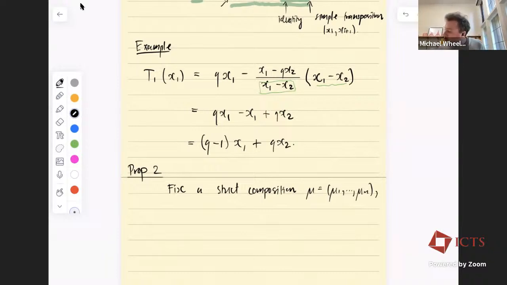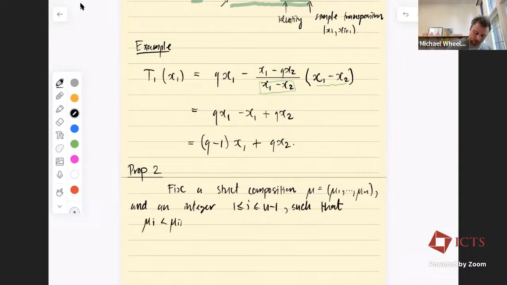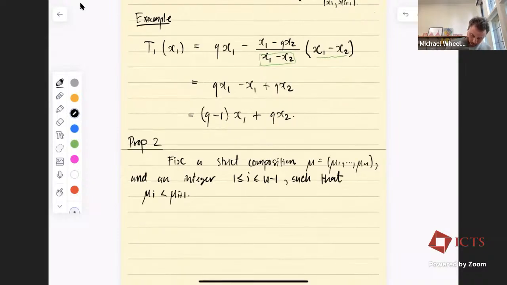So I have a strict composition and an integer i from 1 up to n minus 1, such that mu i is less than mu i plus 1. Okay, so the rest of the composition can be absolutely anything, but I will insist on the relative ordering of these two parts.